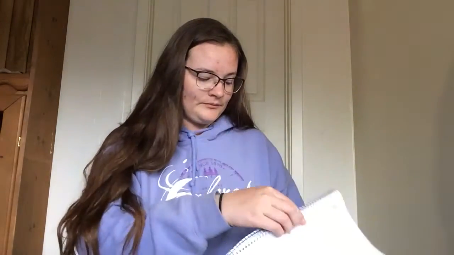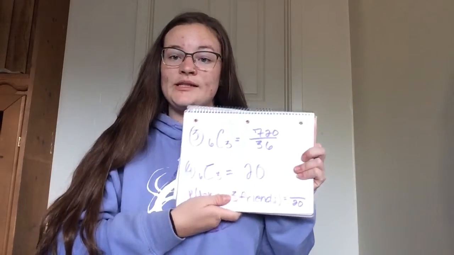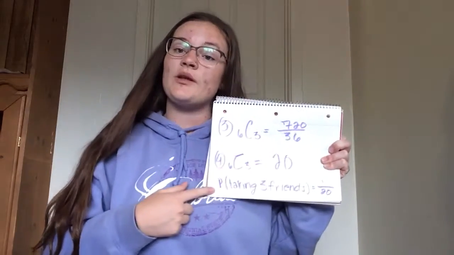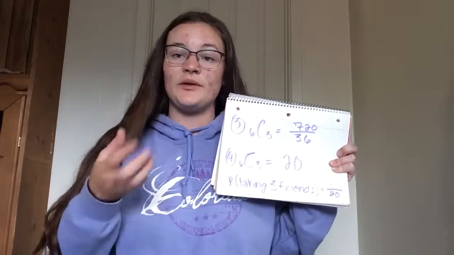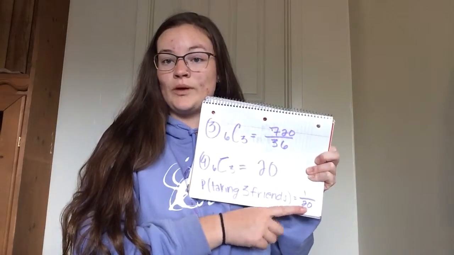And then for the third step, still keeping 6 combination 3, it would be 720 over 36, which comes out to 20. And so all of the different combinations of the 3 friends that can go comes out to 20.